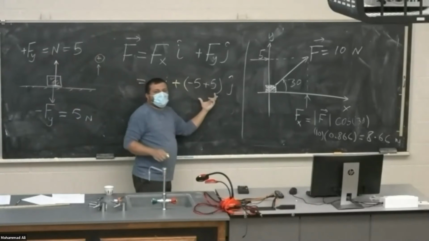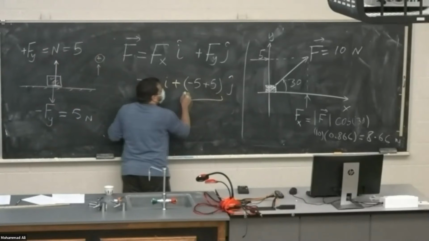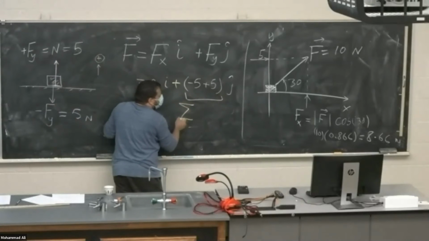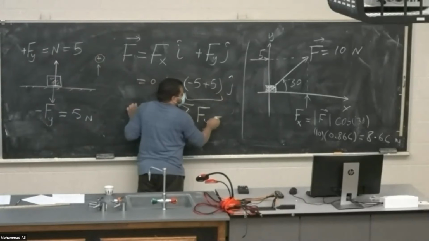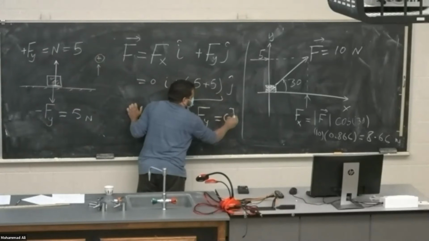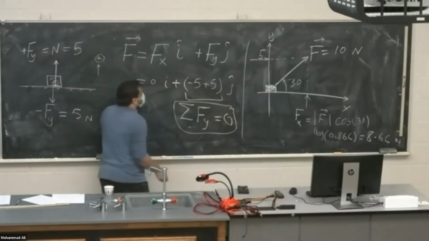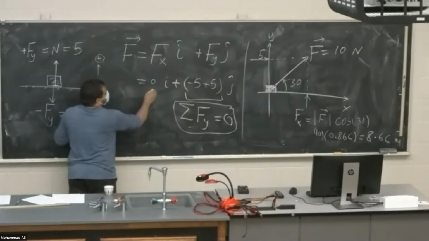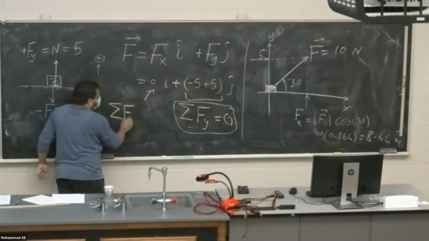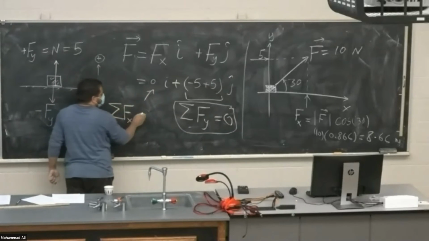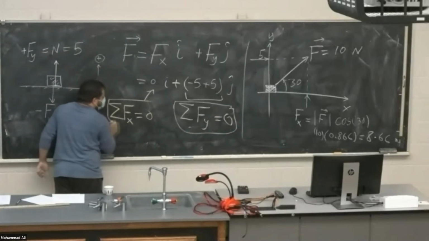In this case, I will not put them like this. I can put the summation, the total forces in the Y direction, equal to 0. Also here, even if I don't have any forces in the X direction, the summation of X direction forces is equal to 0.